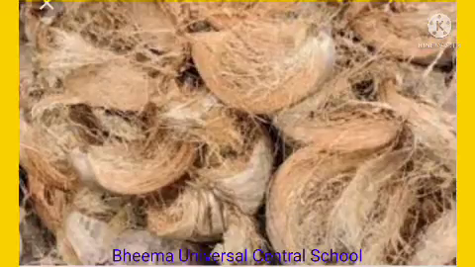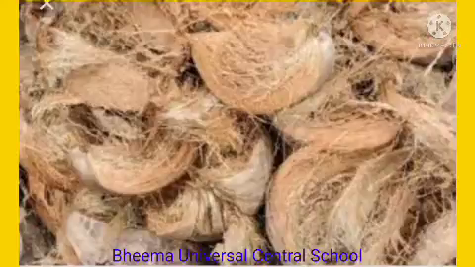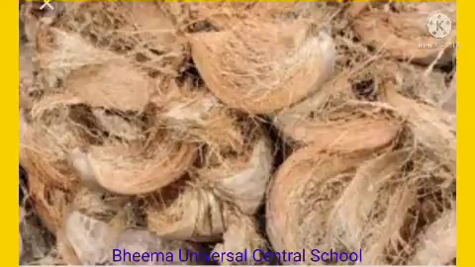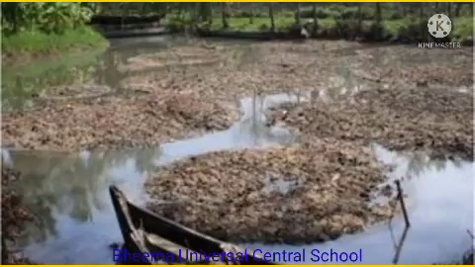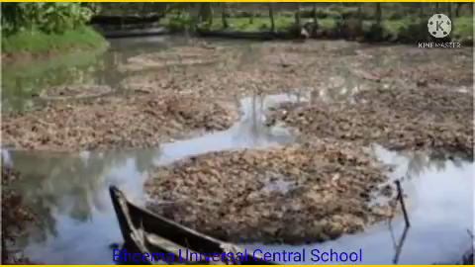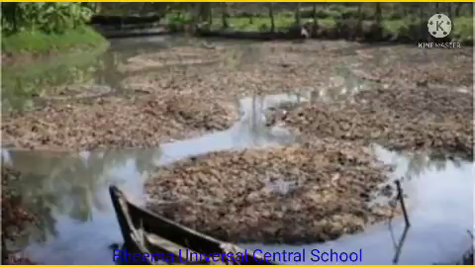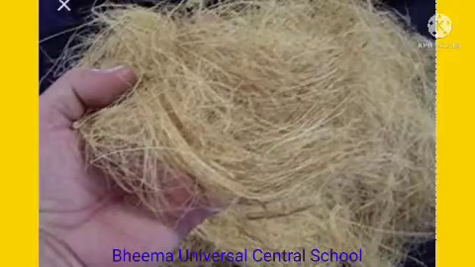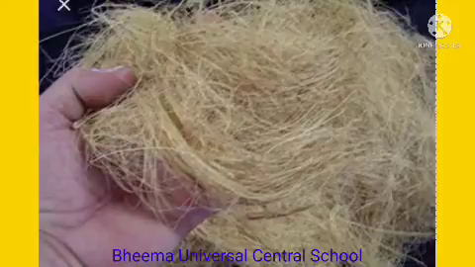Some other plant fibers. First one is coir. Coir is obtained from the husk of coconut, the outer covering of coconut. Coir fibers are removed by soaking the husk in salt water for a few months, and the husk is then beaten with wooden mallets to obtain fiber from it.